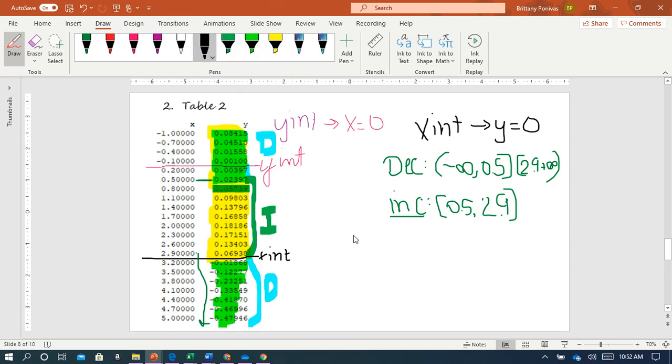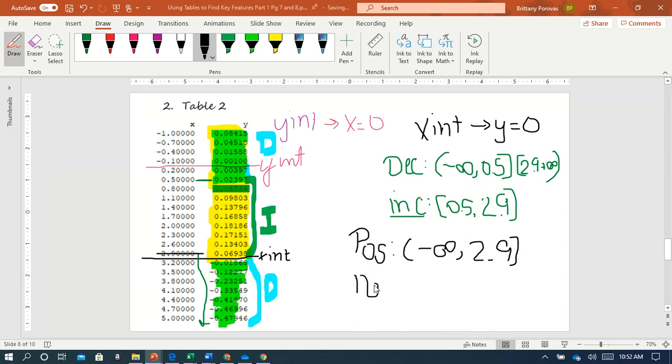So our positive interval is going to be from negative infinity to 2.9. And our negative interval is going to be from 2.9 to positive infinity.